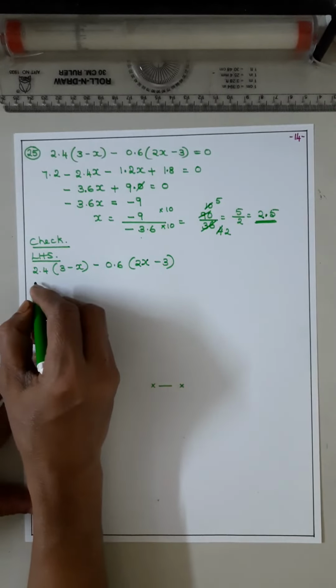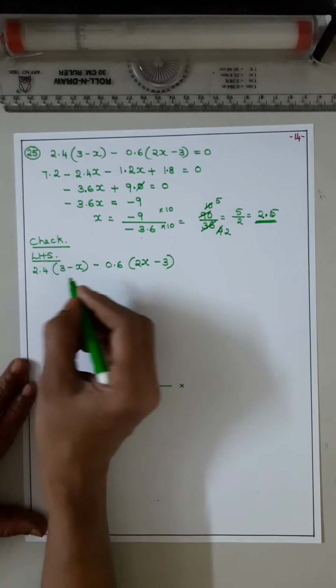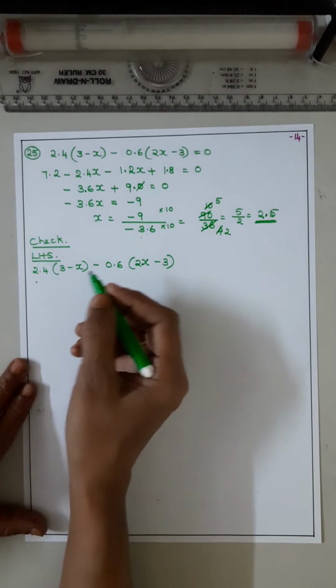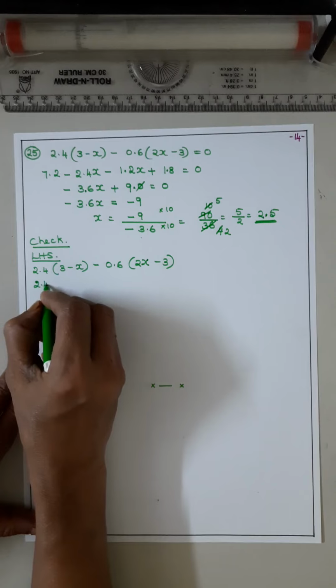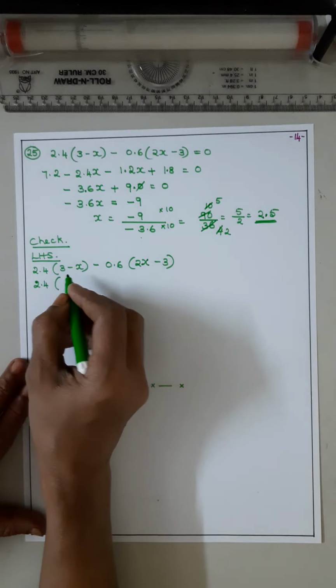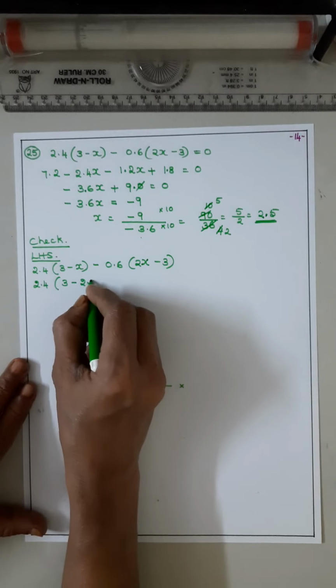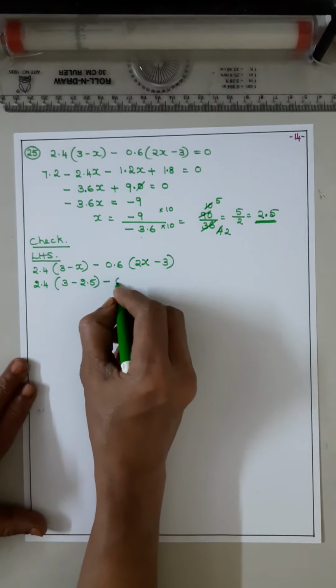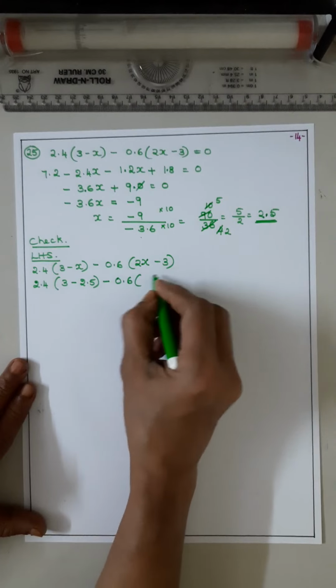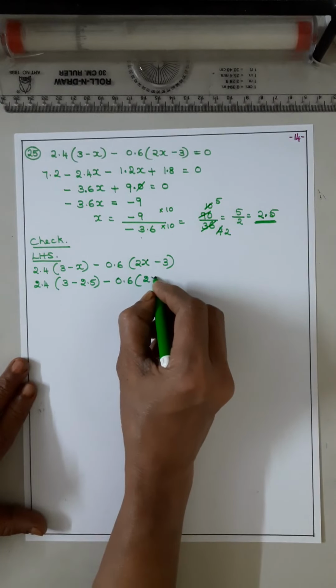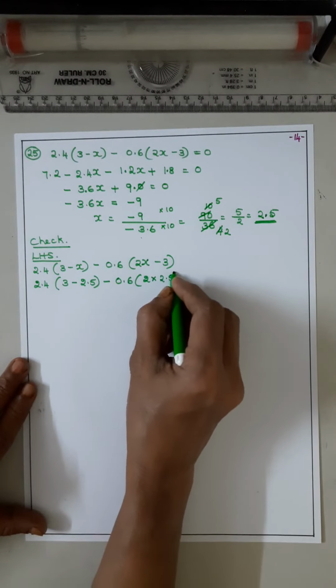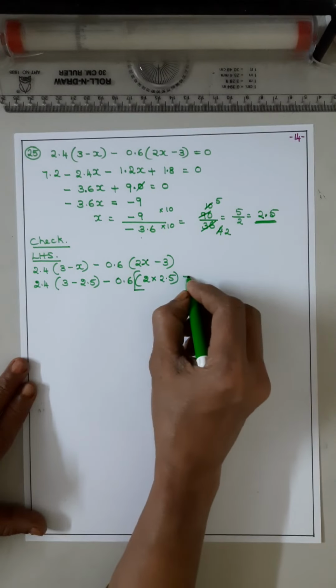Okay, it is 2.4 bracket open, it is 3 minus 2.5, minus 0.6, 2 into 2.5 minus 3.